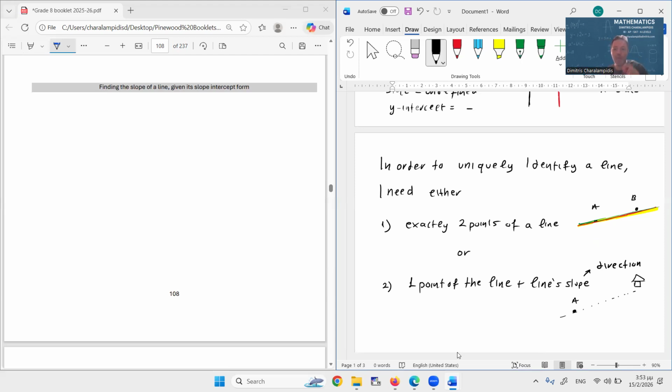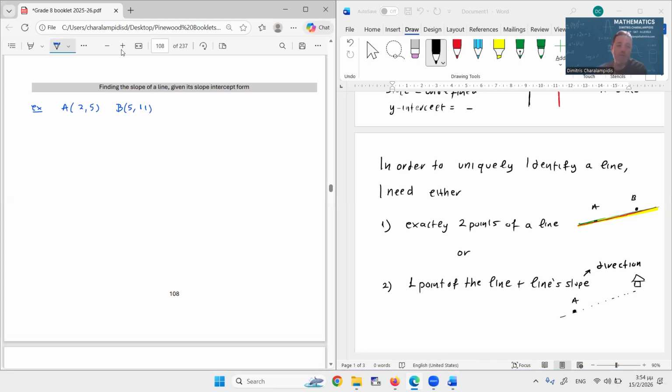Now, let's work together an example with 2 given points. For example, let's assume that the line we are looking for passes through the points A 2, 5 and B 5, 11.